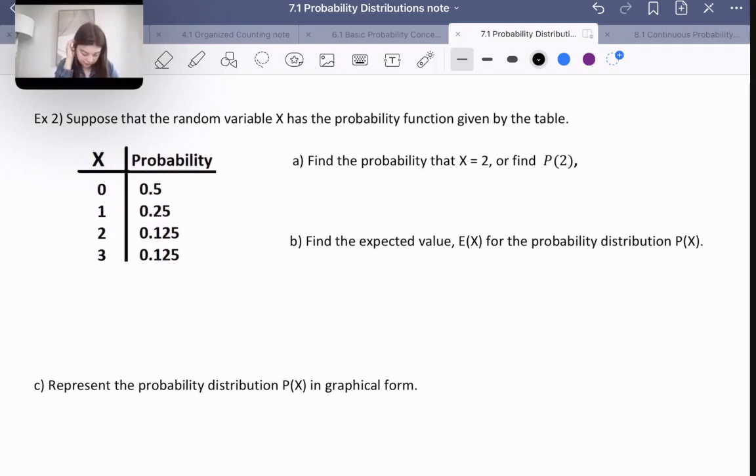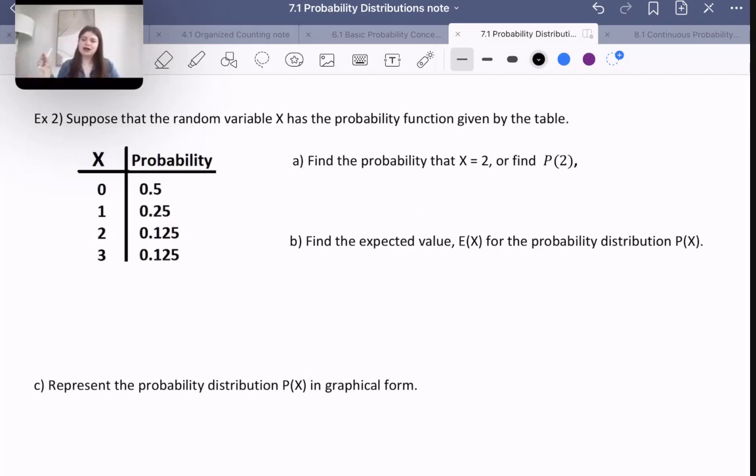Or what about 1? There's a 25% chance that x is 1. There's a 0.125 chance, so a 12.5% chance, that x is 2, and also a 12.5% chance that x is 3. So this one clearly isn't evenly distributed amongst the different values.